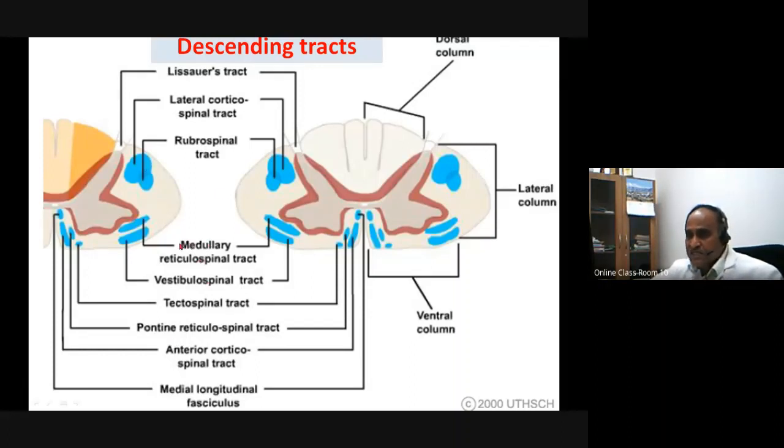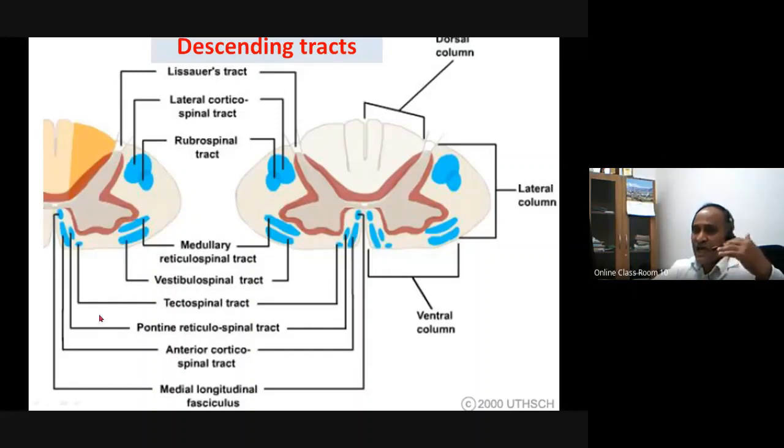This is the medullary reticular area, the medullary reticulospinal tract. This part is the ponto-reticulospinal tract. Then the vestibular system, the semicircular canals and the otolith organs, send information. This is the vestibulospinal tract. You can see it on this side.